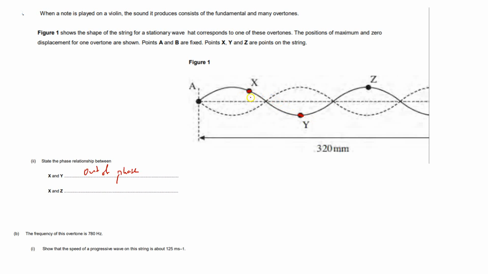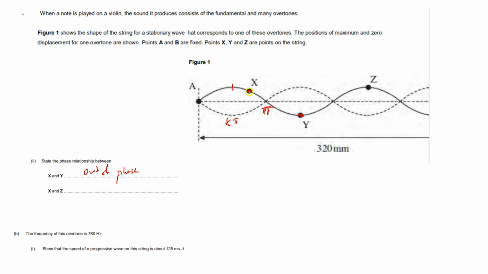We could also consider, let's look at it. From here to here, or from here to here, that would be pi. So between here now, this is going to be half of pi.